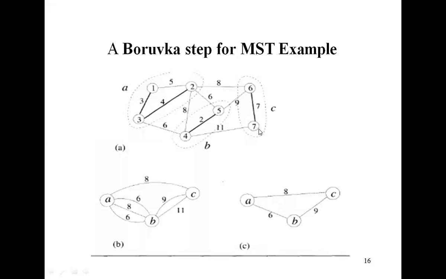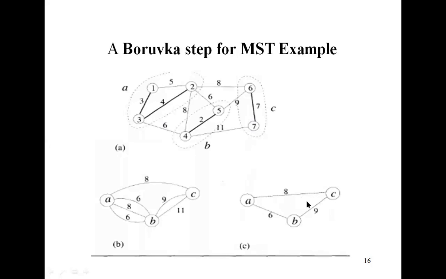So the number of nodes is reduced by almost half, that is only 3 nodes. 7 nodes in the original graph are reduced to 3 nodes in the resulting graph. So the number of nodes after one Boruvka step reduces by a factor of at least 2.